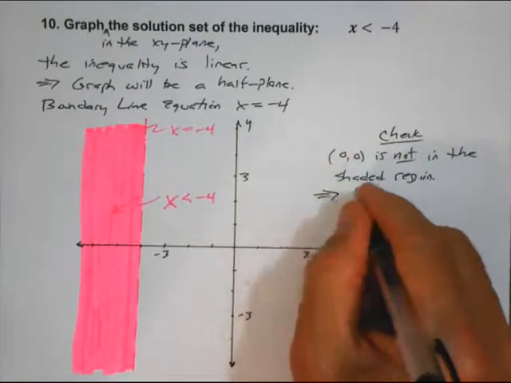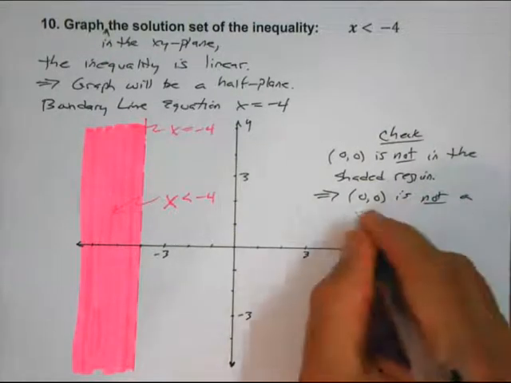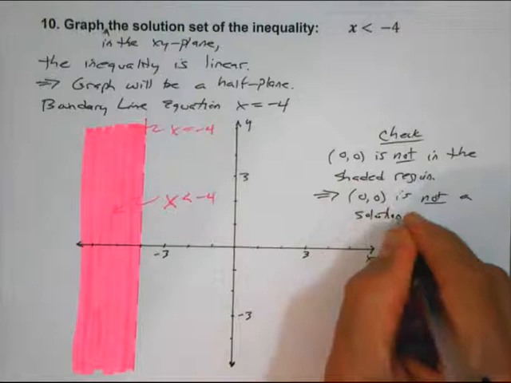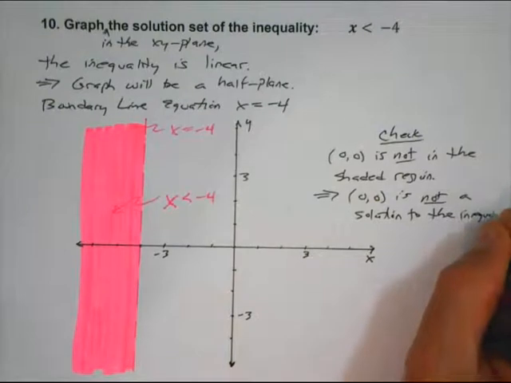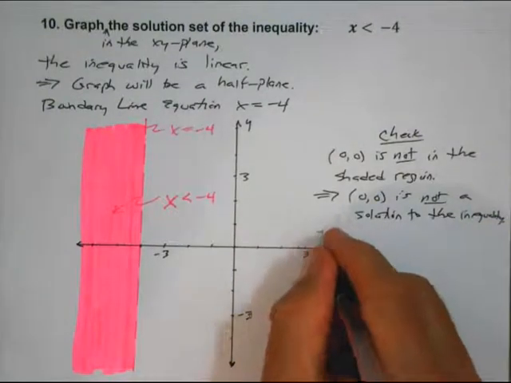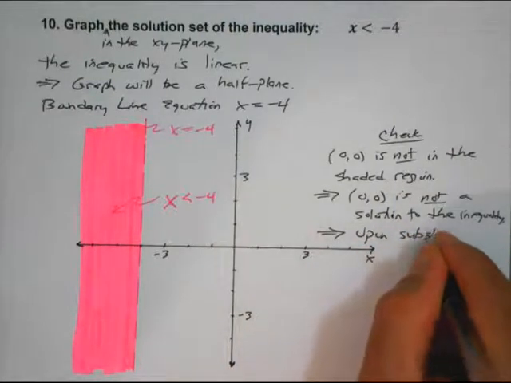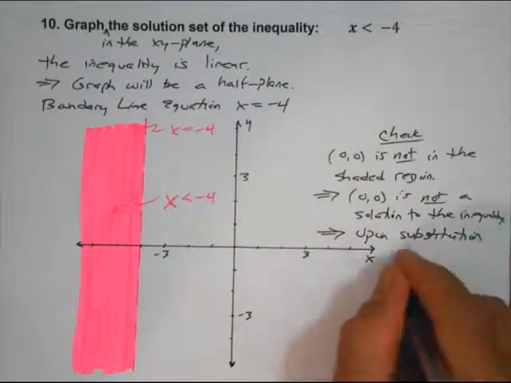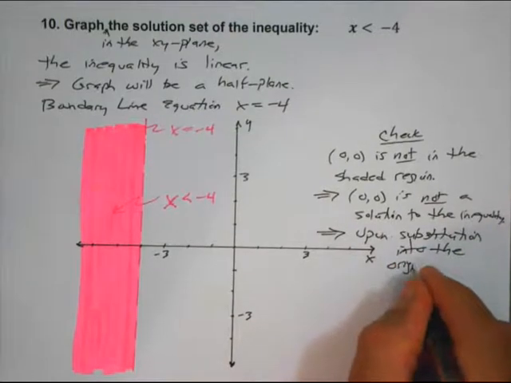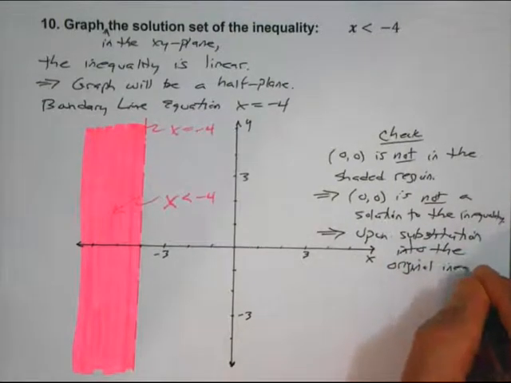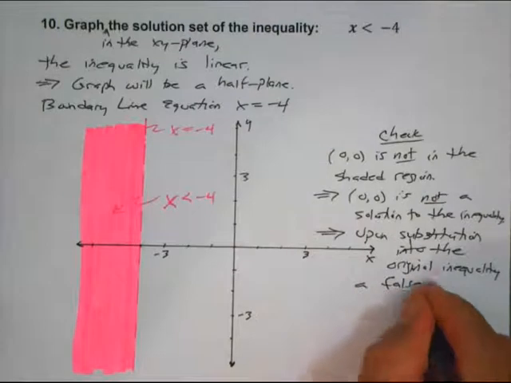And that means that 0, 0 is not a solution to the inequality. And that implies that upon substitution into the original inequality, a false statement must result.